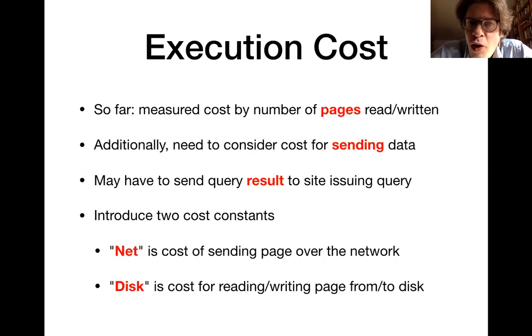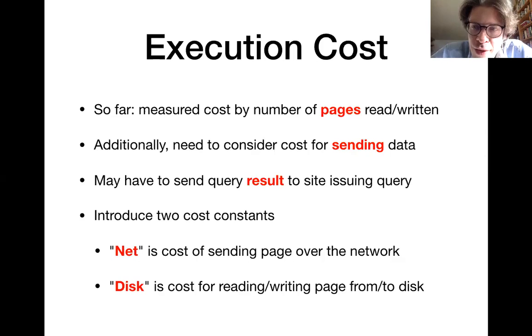So far, we've always measured cost by the number of pages that were read and written, meaning the number of pages that were moved between a hard disk and main memory, because that is the bottleneck of traditional database systems. Now here we have a network connecting different sites, and sending data over that network can actually be quite expensive. So in addition to disk I/O, we also have to consider the cost of sending data over the network.